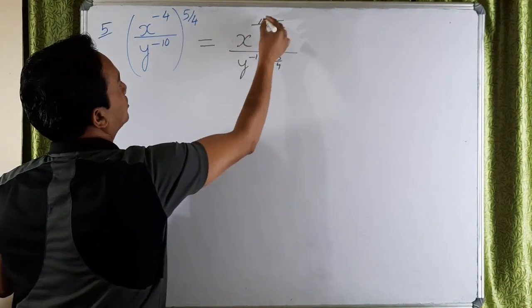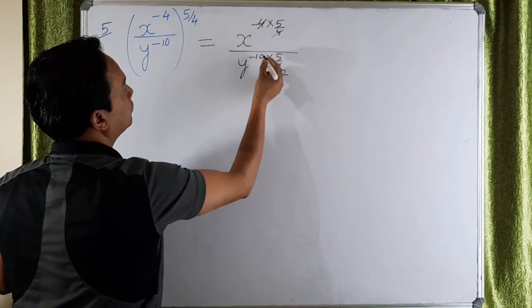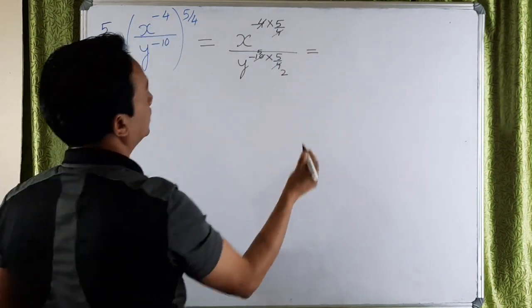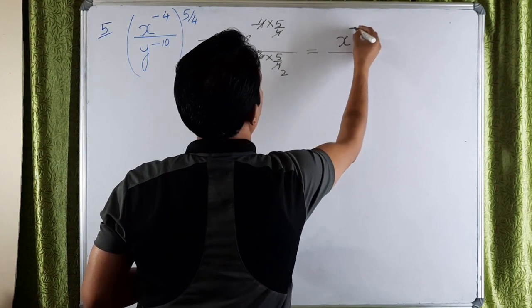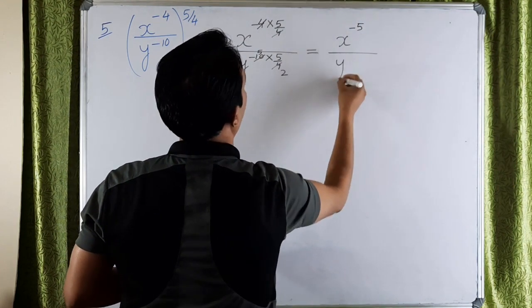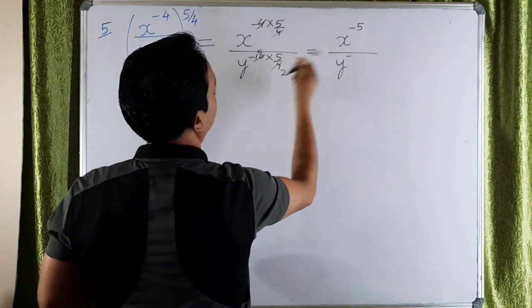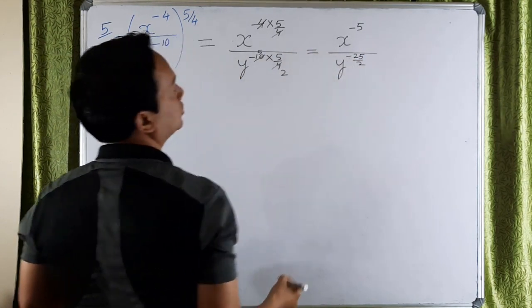You can cancel this 4, 4. And here we can cancel 2. 2 twos are 4, 2 fives are 10. So on top we will get x to the power minus 5. Below, this minus into plus is minus. 5 into 5 will be 25 by 2.